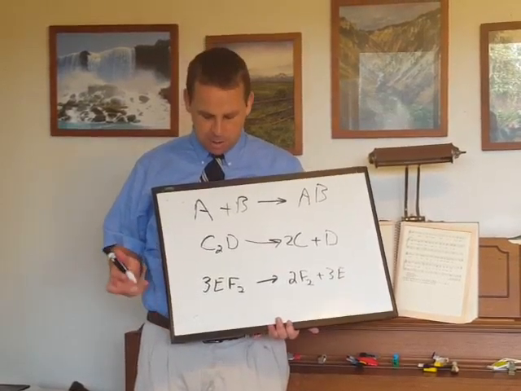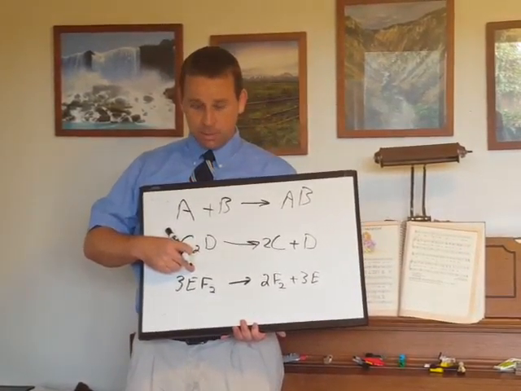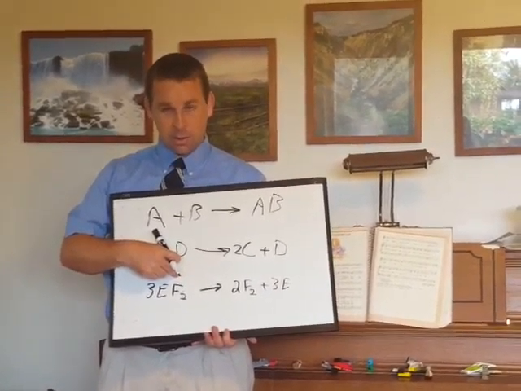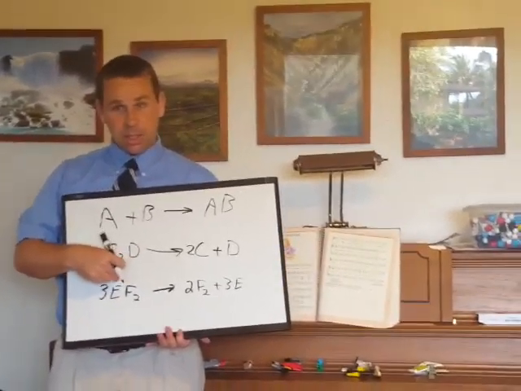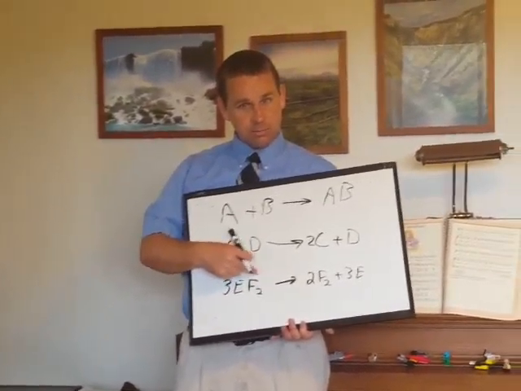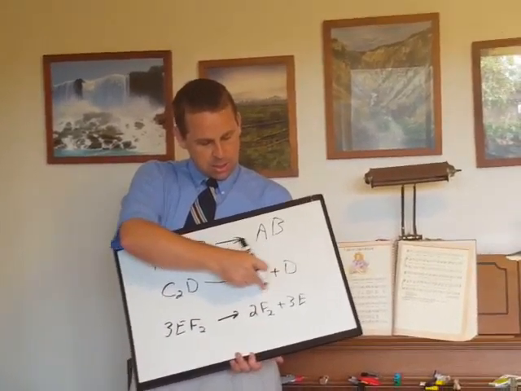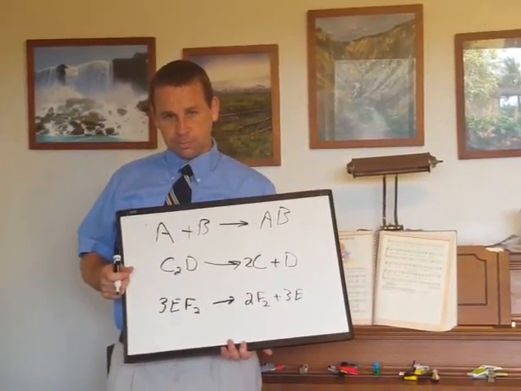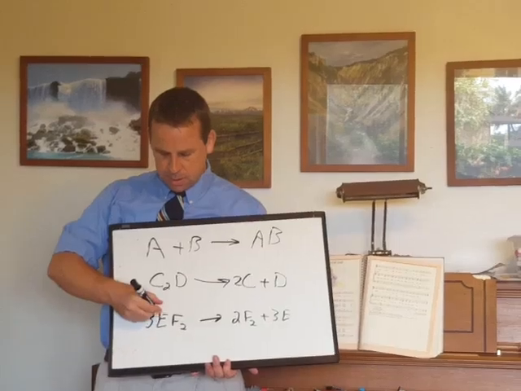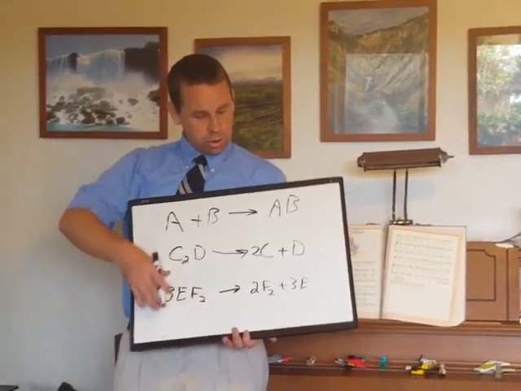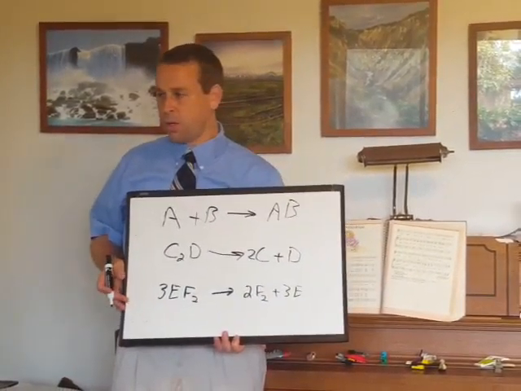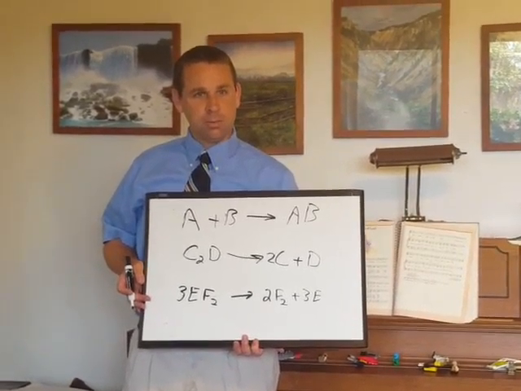Now, if this is a decomposition reaction, if we have an E and an F here, correct? An E and an F, 2 F's on every E, and it decomposes into these products here. The number of E's that I have on this side of the equation should be the same as the number of E's over here. Shouldn't it?